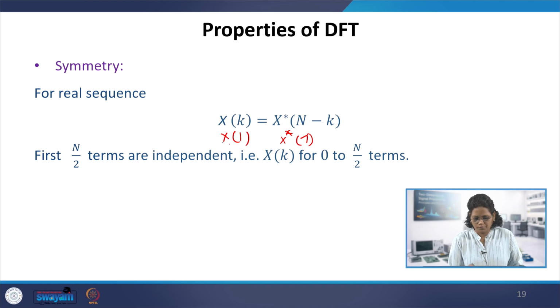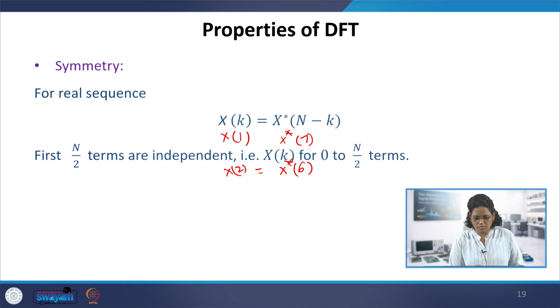X of 1 equals X conjugate of 7, and that is how we get it in the spectrum. X of 2 results in X conjugate of 6. So these are symmetric, or equivalent: 6 is the complex conjugate of 2 and 7 is the complex conjugate of 1.